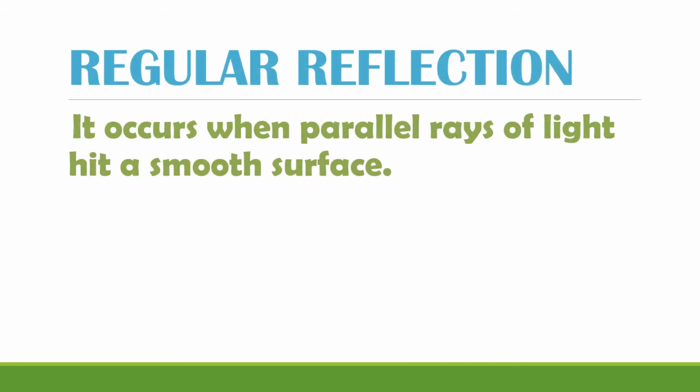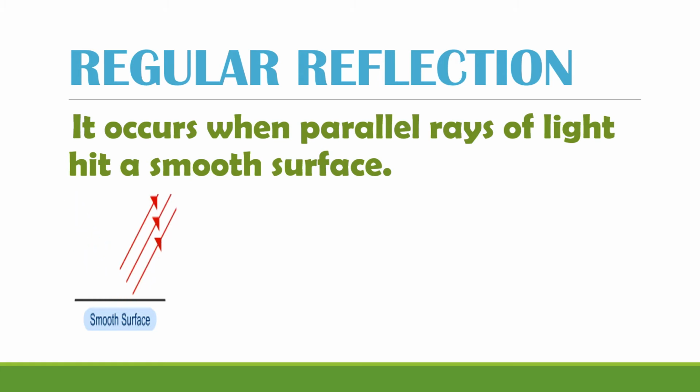So the first reflection that we are going to discuss is called regular reflection. When we say regular reflection, it occurs when parallel rays of light hit a smooth surface. All of the light rays reflect at the same angle because of the smooth surface.